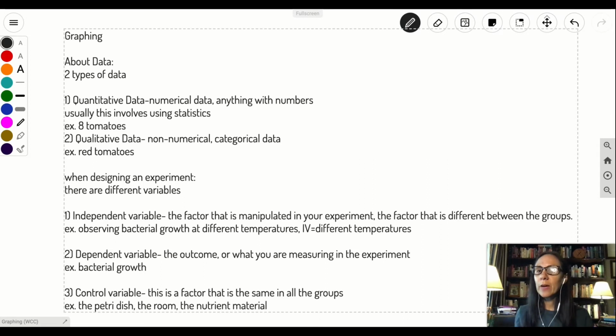So it is all the other factors that you're going to control for and keep it controlled, and you're just going to change the one factor, which is the independent variable.